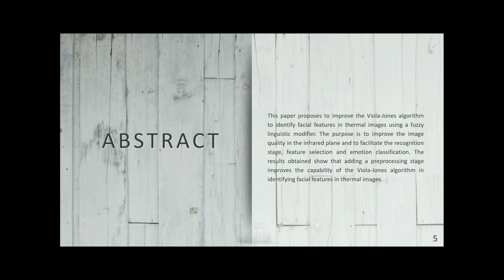So the purpose is to improve the image quality in the infrared plane to get better recognition of these features. After that, we have a filter selection and emotion classification for the results that we have.